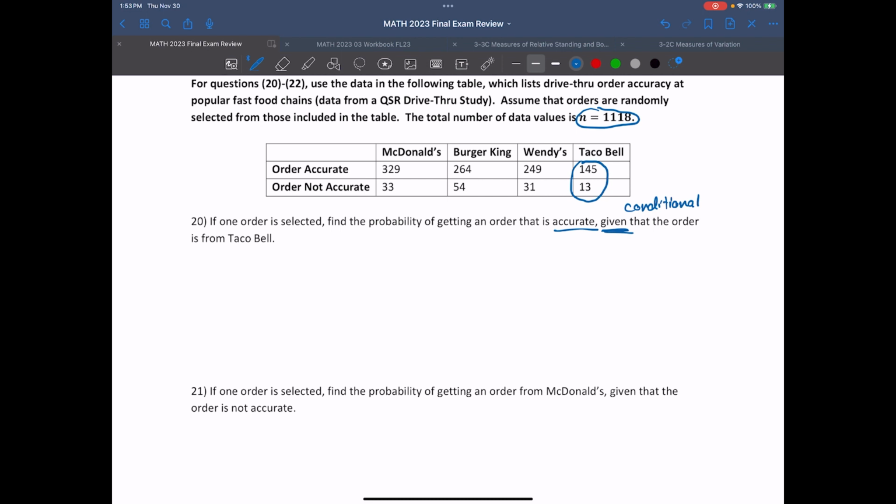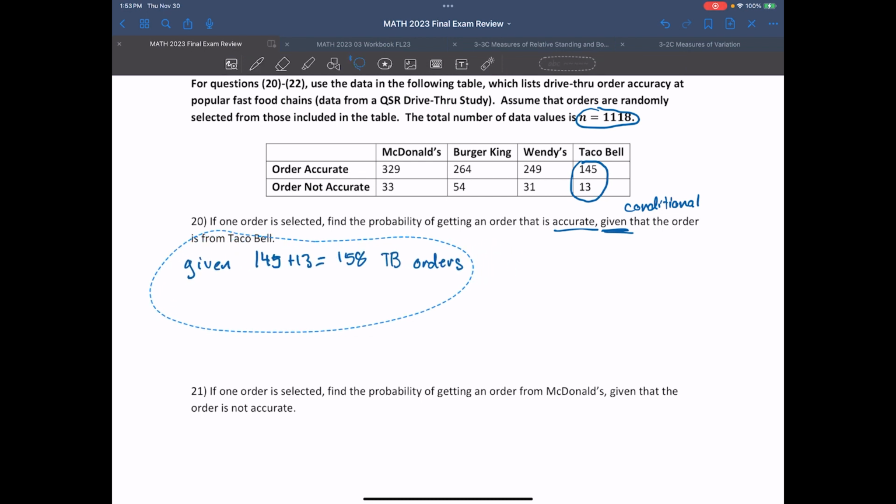So we're basically given 145 plus 13, or 158 Taco Bell orders. And then of those orders, we just are going to be looking at those that are accurate. So the accurate orders are 145.